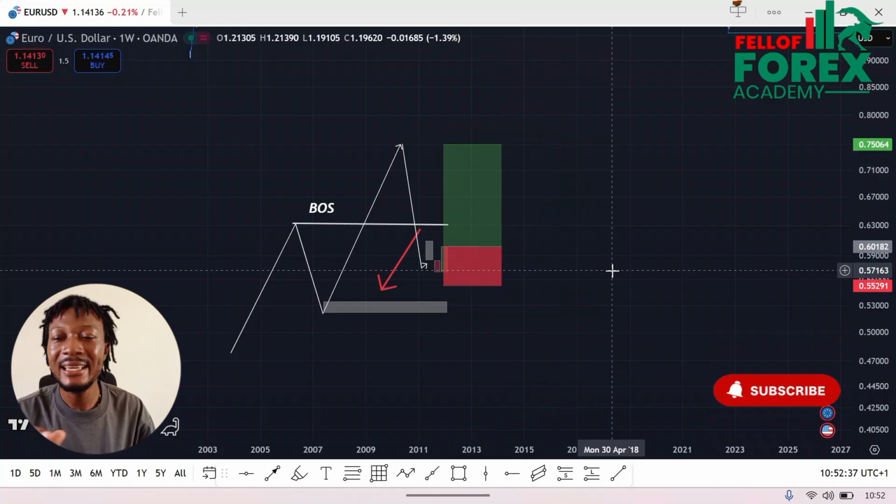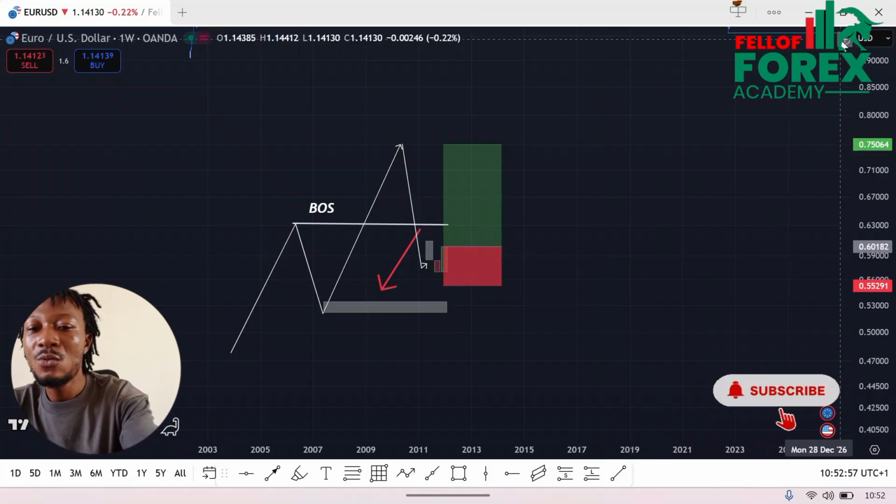So this is a complete strategy that you can use to make money in the financial market. That's an uptrend scenario, and that's what we'll be looking at today. So that being said, let's go into the charts to see if this thing actually works. Okay, yes, let's see if it actually works.